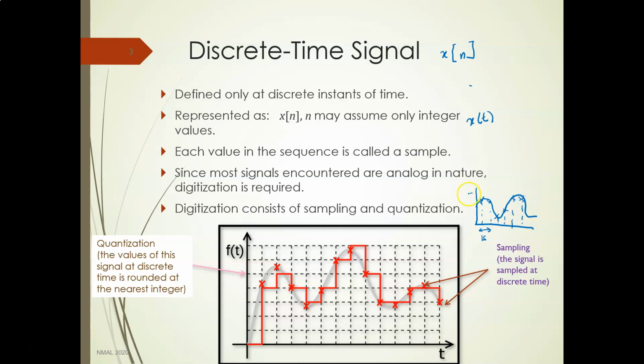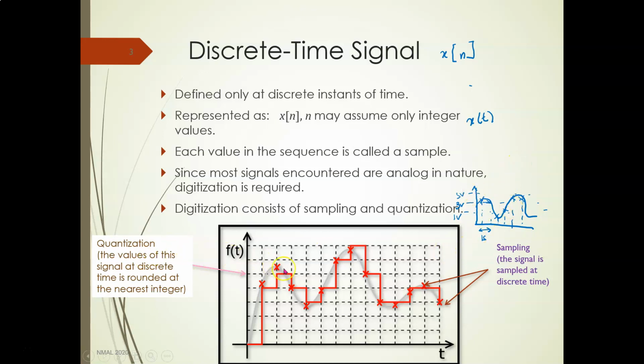Quantization means that we further divide the signal into several levels, horizontally. For example, let's say this is 3 volt, 5 volt, and 1 volt. We can say that signals below 3 volts we regard as 0, and more than 3 volts we say it is 1. That is another way to digitize the signal, to make the signal from analog to digital.